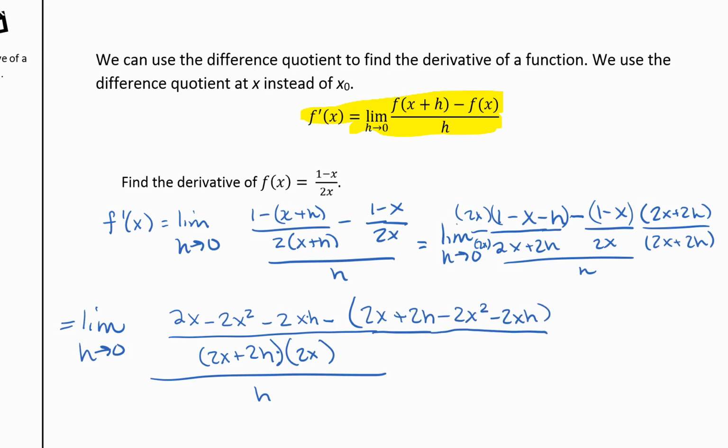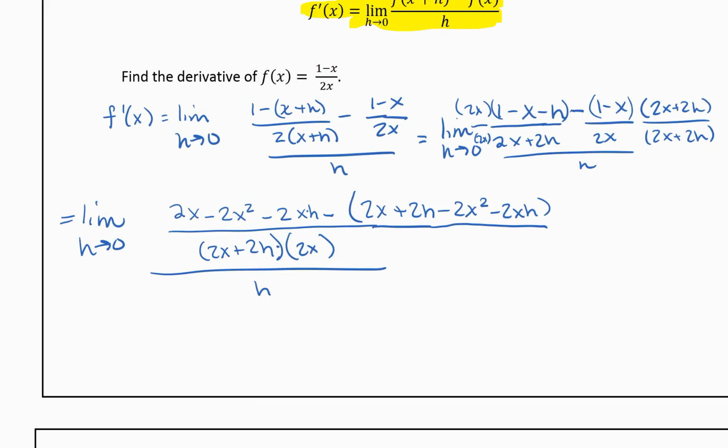Okay, so you can see, if you're really careful here, these do get pretty complicated. So we're going to have the limit as h goes to 0. I have 2x minus 2x squared minus 2xh. Distribute the minus, so minus 2x minus 2h plus 2x squared plus 2xh.